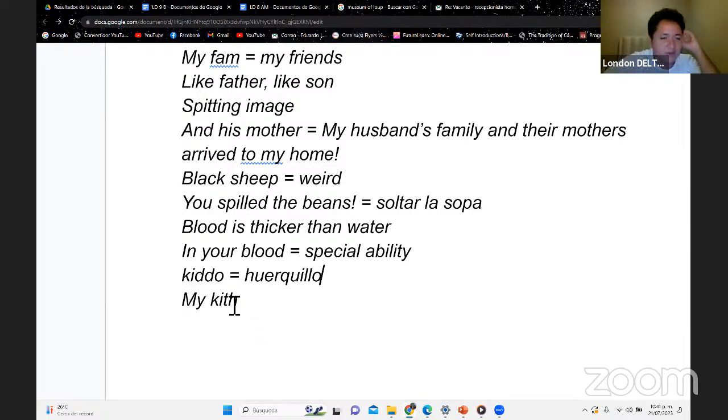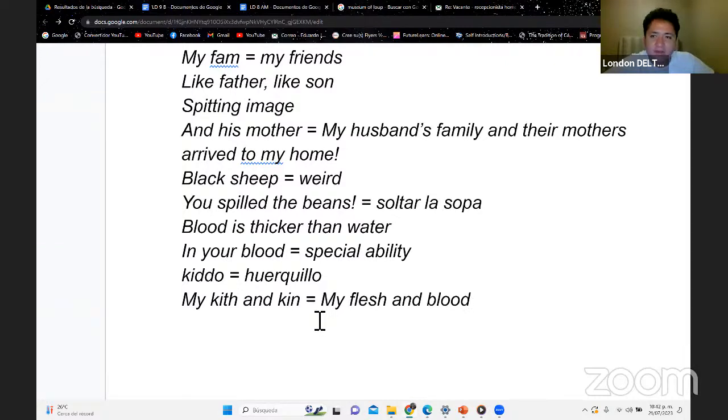Okay, well, you can also say, pero esta palabra es kid, right? Kid, which is different, no tiene nada que ver con niño, but we have kid and kin. Cuando es my kid and kin, también quiere decir my flesh and blood. What do you think it is? My kid and kin or my flesh and blood? ¿Qué quiere decir esta expresión?